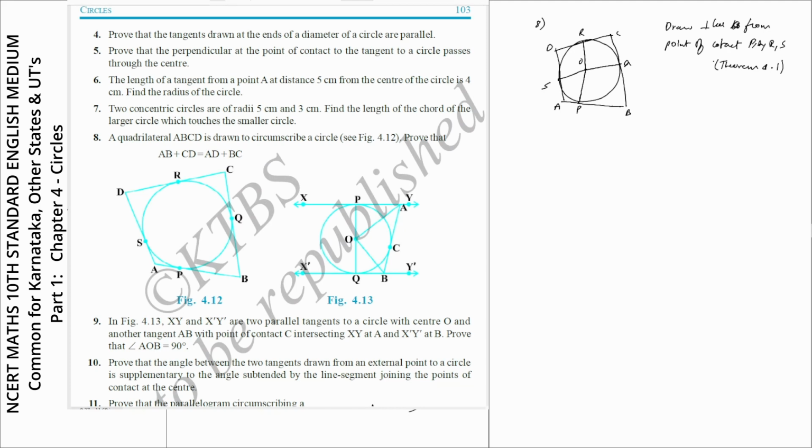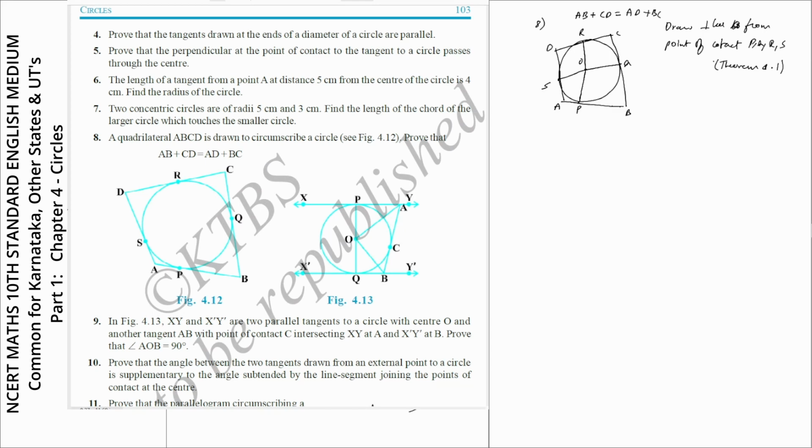So in this question, what was I supposed to prove? I was supposed to prove that AB plus CD is equal to AD plus BC. Now after drawing perpendicular from the point of contact, they all meet at the center of the circle.